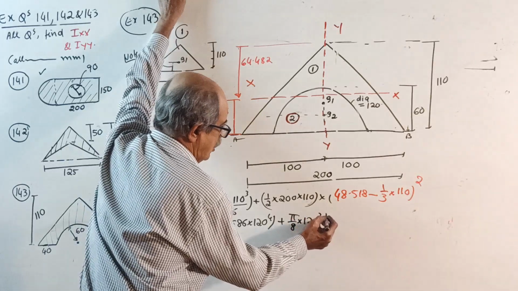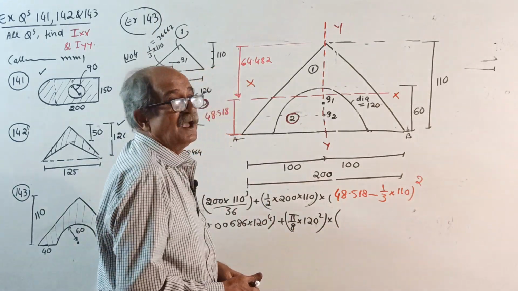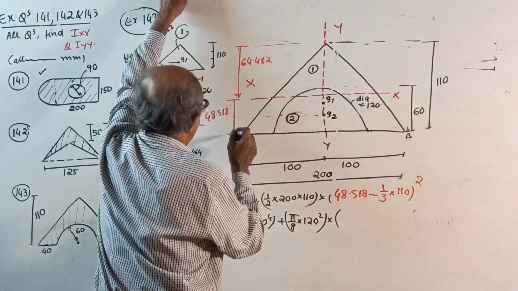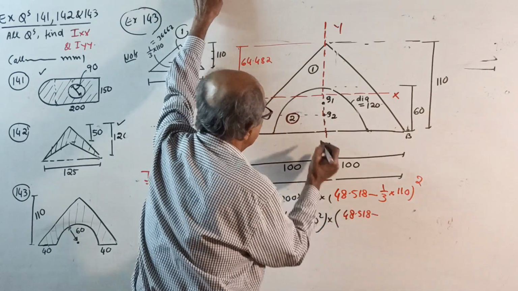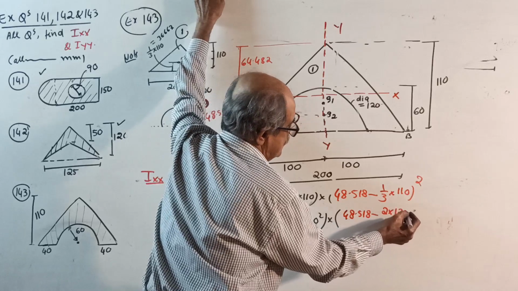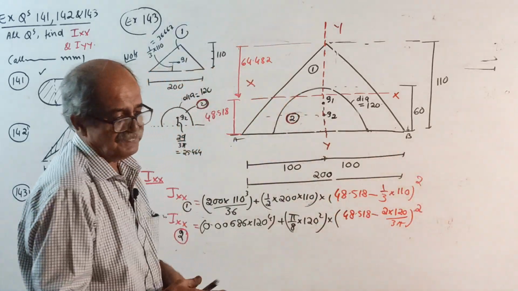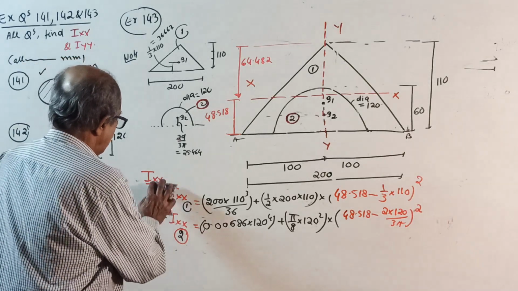If someone wants all those details, you still go for somebody else who explains much more than me. Into, see, this distance square is 48.518 minus this distance is 2 into diameter divided by 3 pi whole square. Get the value of Ixx. 1 minus 2, remember? Okay, now Iyy.